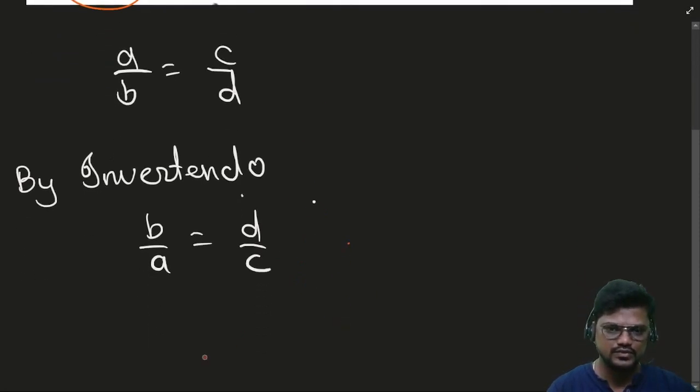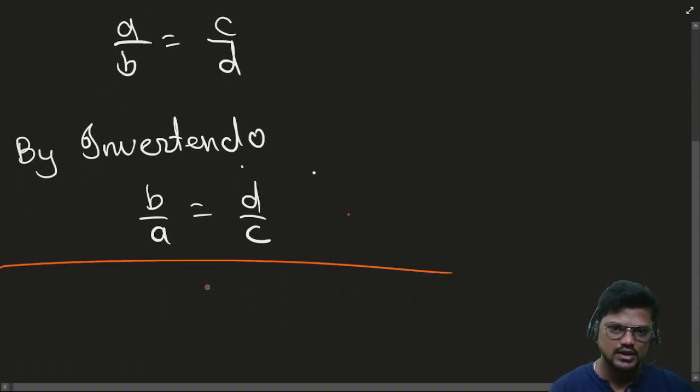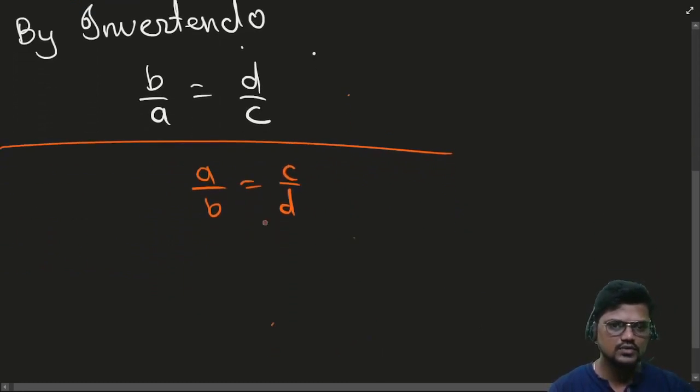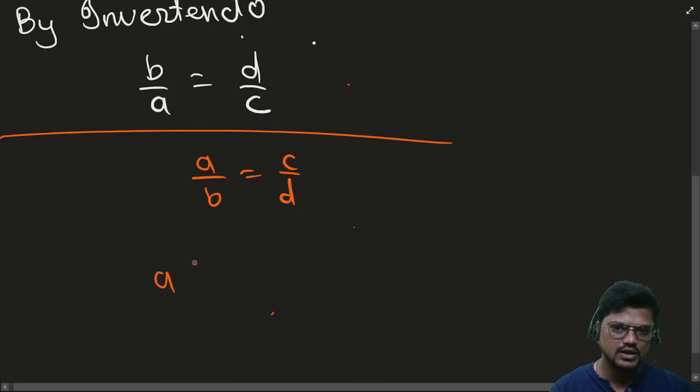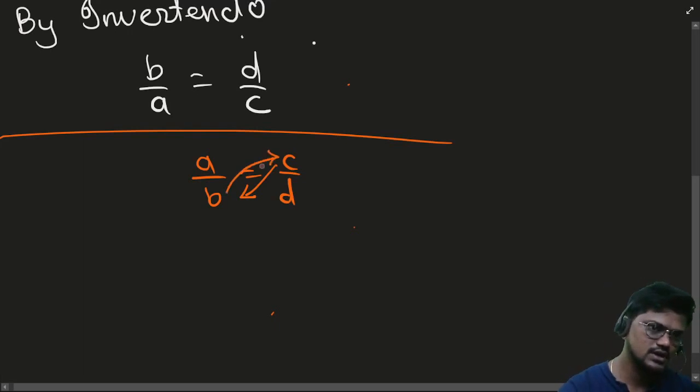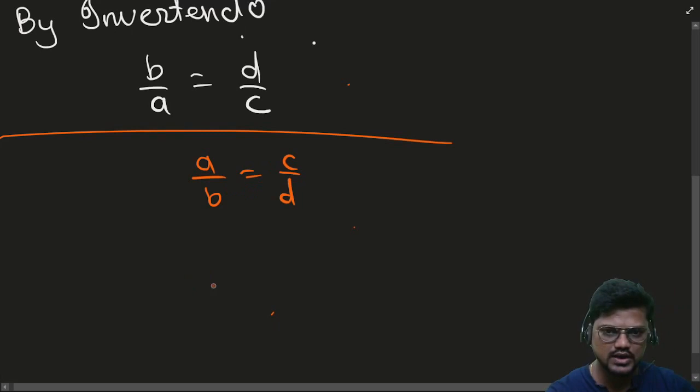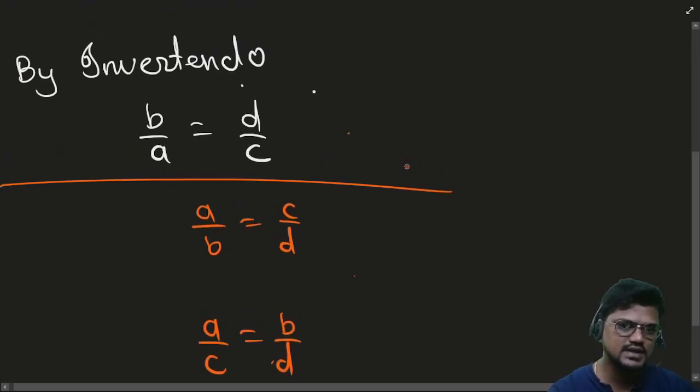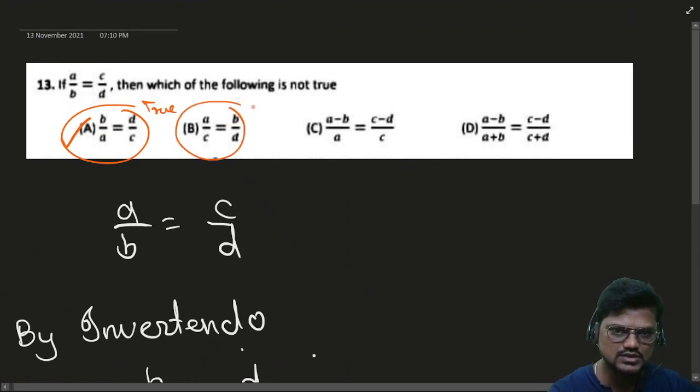Also, they have given A upon B equals C upon D. If I do the cross multiplication over here, AD will be equal to BC. See, these values can also be interchanged. This can be interchanged with this and this can be taken over there. So we can also write A upon C will be equal to B upon D. This is there in option B. That's why this is also true.